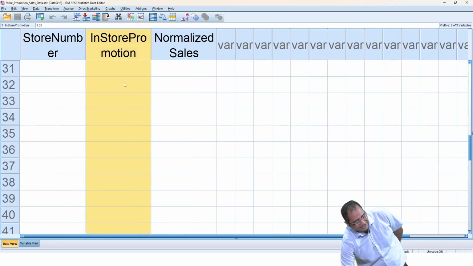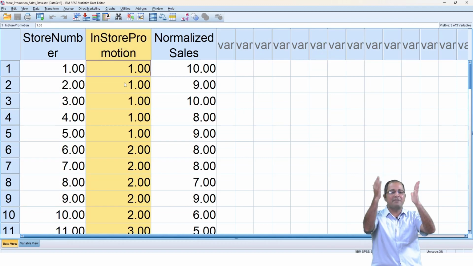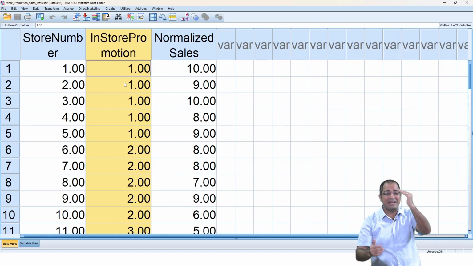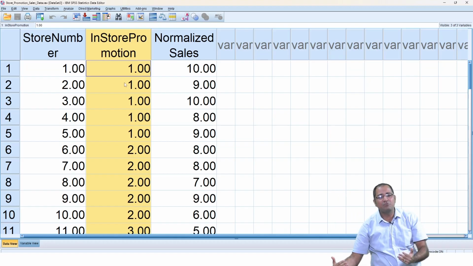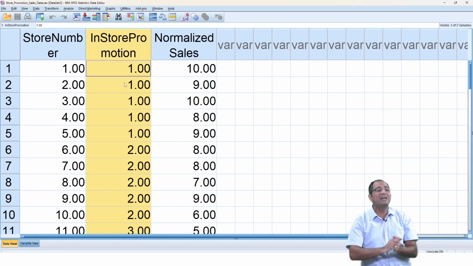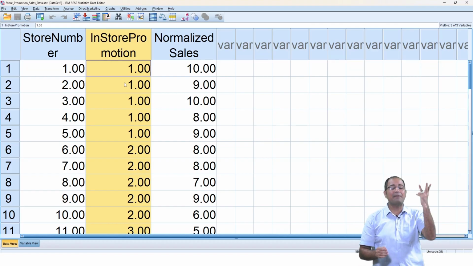In-store promotion has 3 types, which means, let's say gender and internet usage, male, female, whether their internet usage differs. Independent sample t-test. Now in this case, let's say for gender, male, female, and a third gender, you cannot use independent sample t-test. You would have to use ANOVA. Similarly in this case, you have 3 types of in-store promotion.